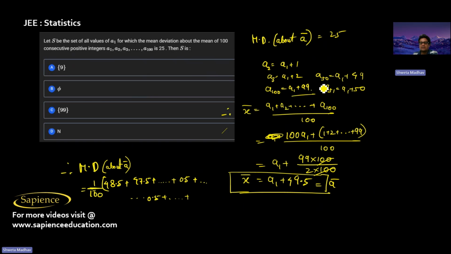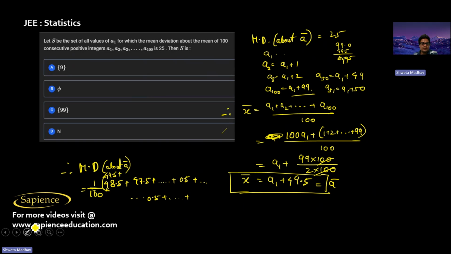Then A100 is A1 plus 99, so 99 minus 49.5, that is also again 49.5. And from A1 also we have to subtract, so we have to start from 49.5 actually here.